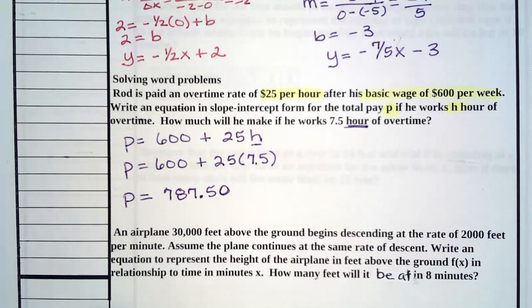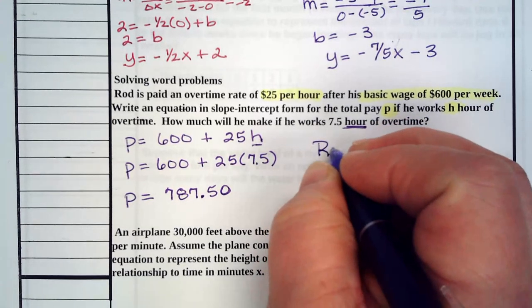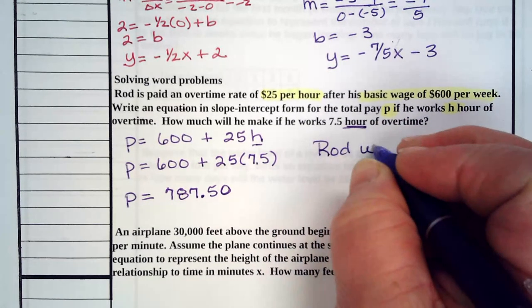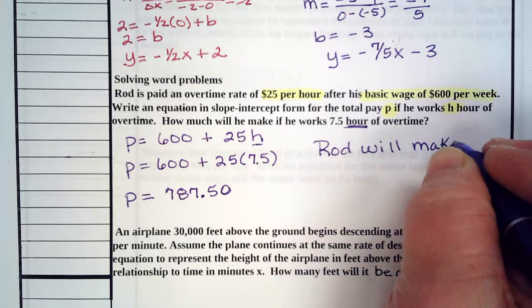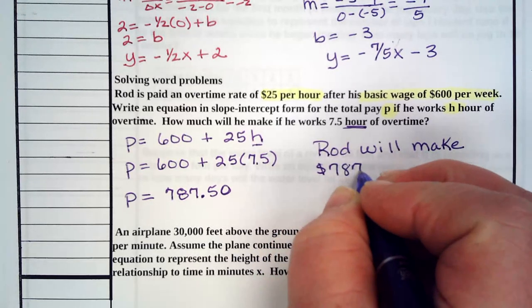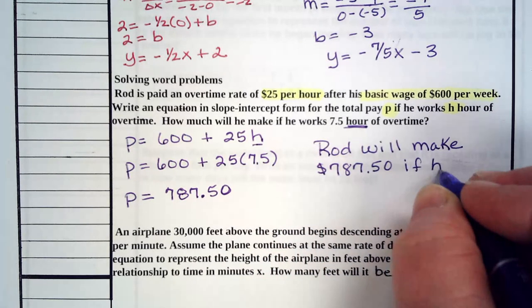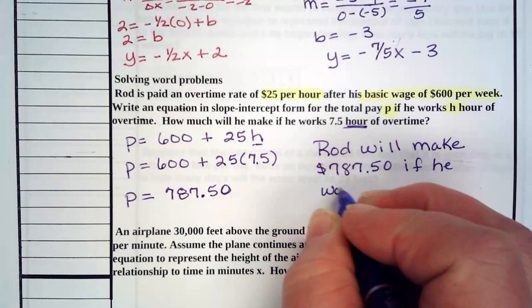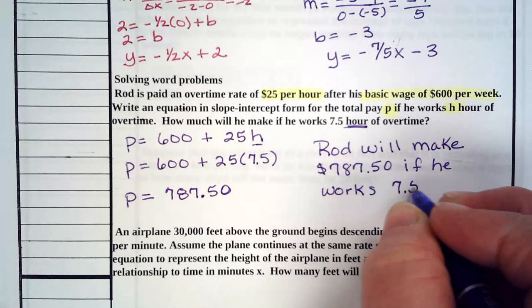So, what does that mean? Rod will make $787.50 if he works 7.5 hours of overtime.